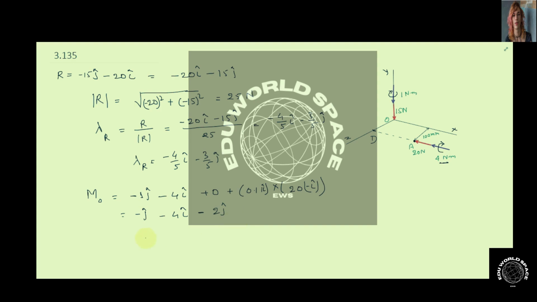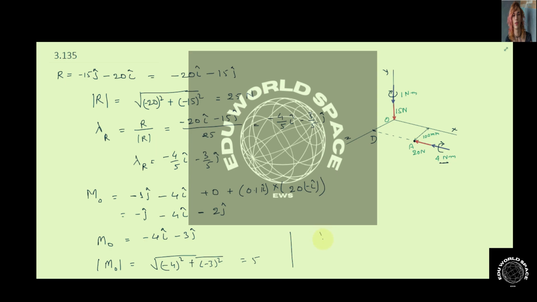So if we solve this and collect the coefficients of i cap, j cap and k cap, it comes out to be minus 4 i cap minus 3 j cap. So this is the equivalent moment that is present at the origin. Now if we calculate the magnitude of the equivalent moment, it will be the square root of minus 4 square plus minus 3 square, and it will be 5.